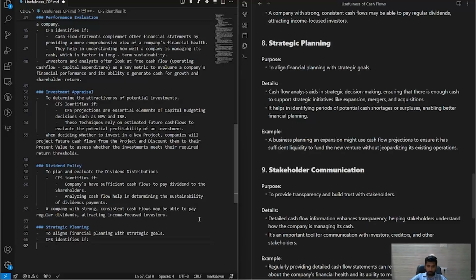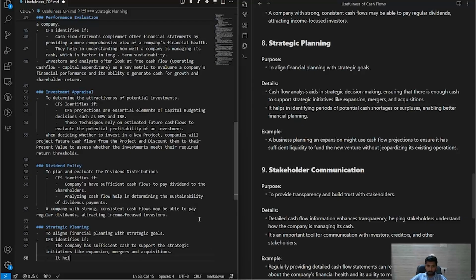The cash flow analysis aids in the strategic decision making, ensuring that there is enough cash to support the strategic initiatives like expansion, mergers, and acquisition.